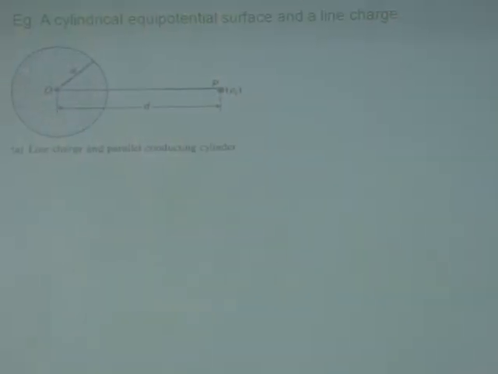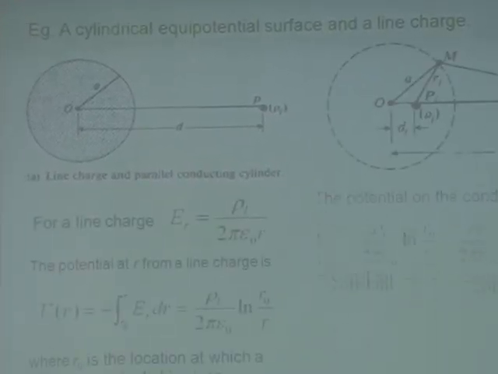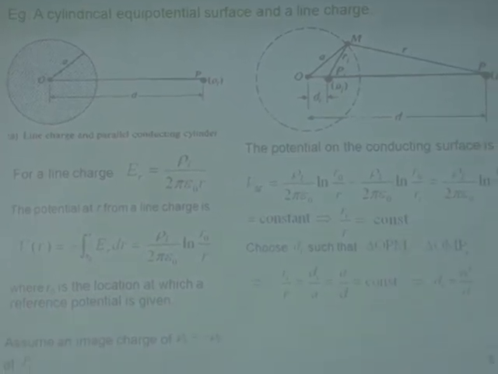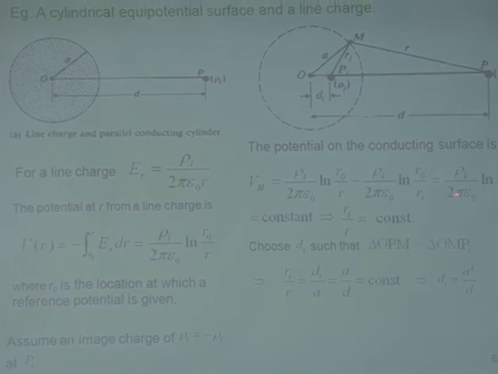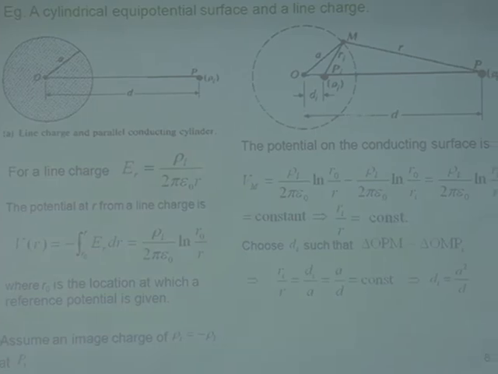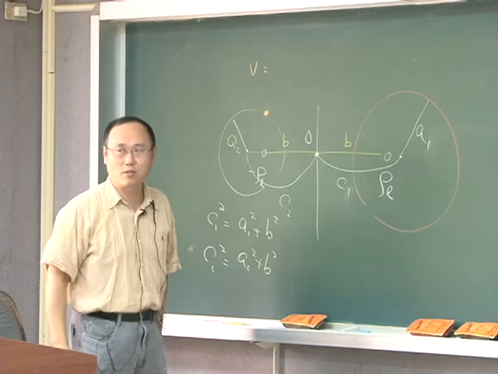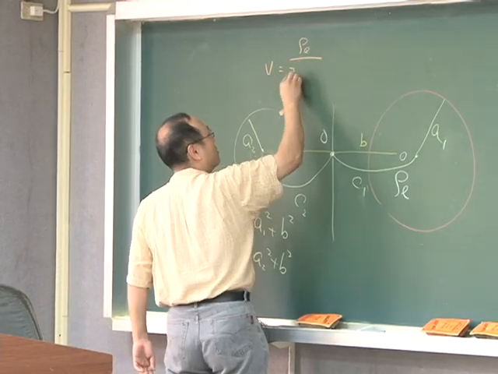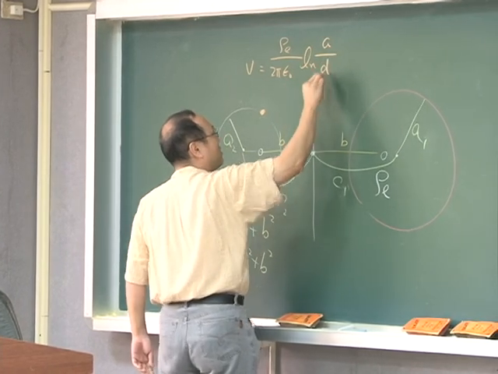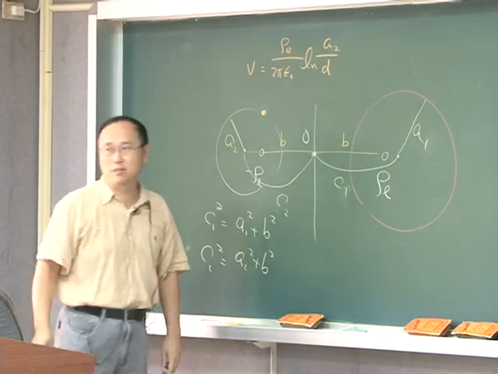For the electric potential on this equipotential surface, you derived an expression equal to rho L divided by 2 pi epsilon naught, natural log of A over D. So for this one, you have a potential equal to rho L over 2 pi epsilon naught natural log A over D, but now A is the radius of this circle, so you have to put A2 right here.